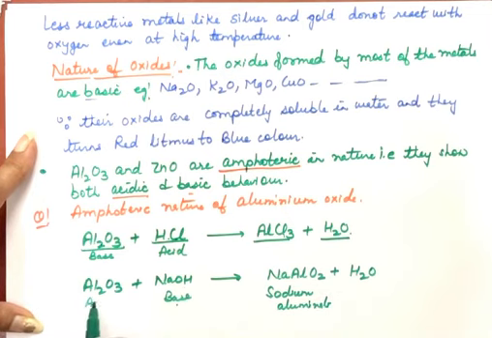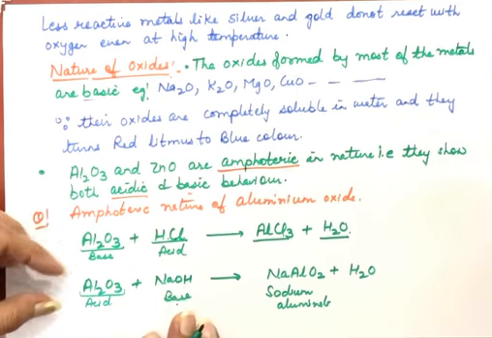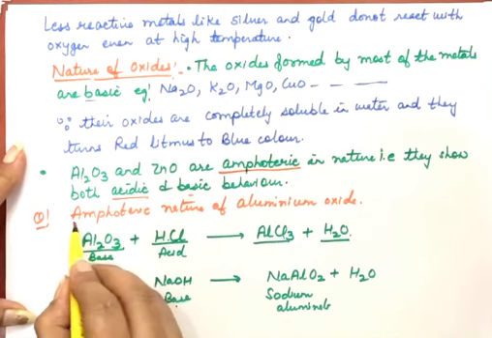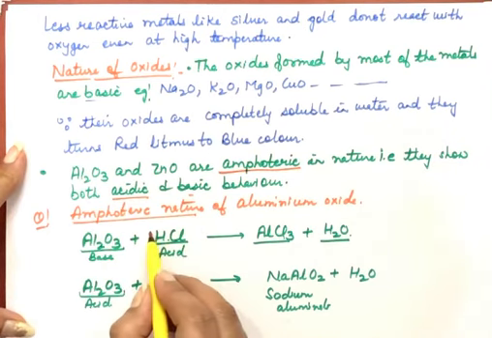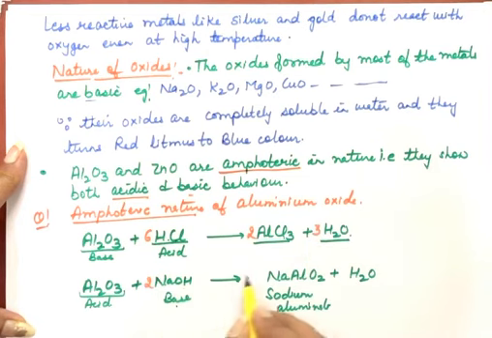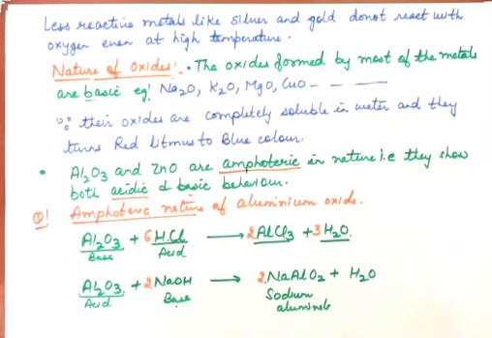That means this one is acidic here. So aluminium oxide is acting as a base as well as an acid. That shows that aluminium oxide is actually amphoteric in nature, and the reactions we have to balance here. So this is the answer for this question, that aluminium oxide is actually amphoteric in nature.